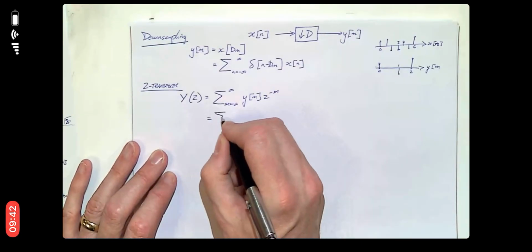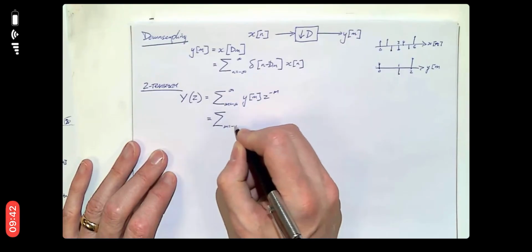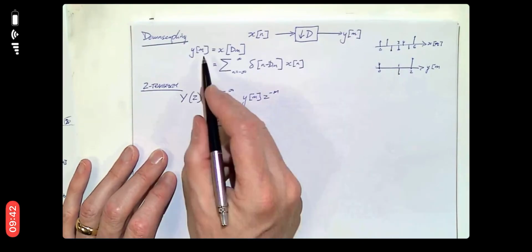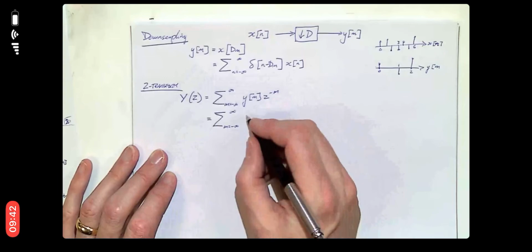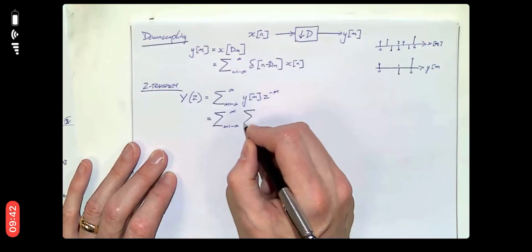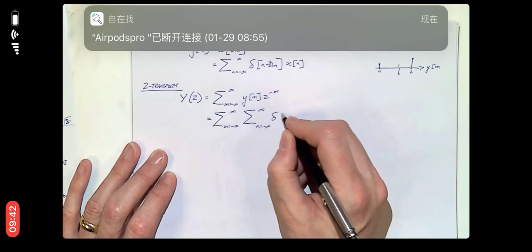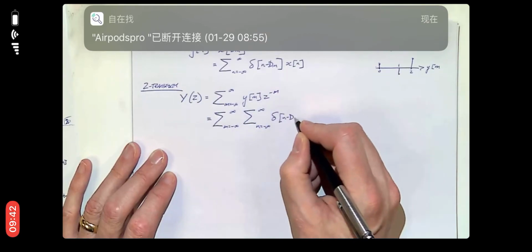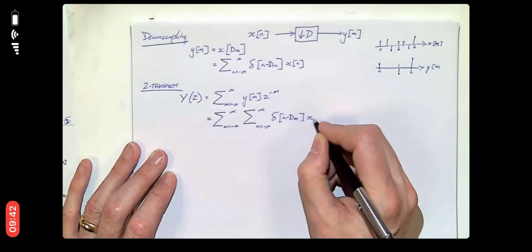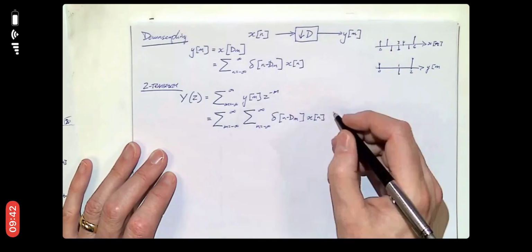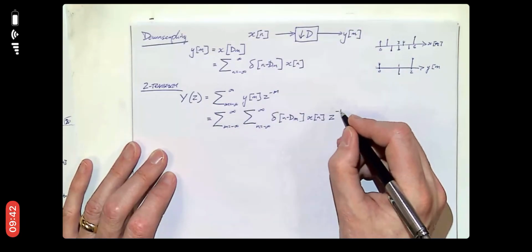So that's the sum from m equals minus infinity to infinity, and for y of m we've got this expression instead, so that's the sum from n equals minus infinity to infinity of delta of n minus dm, x of n, multiplied by z to the minus m.